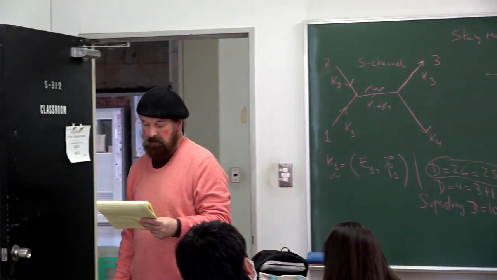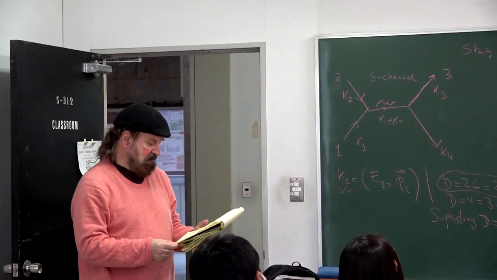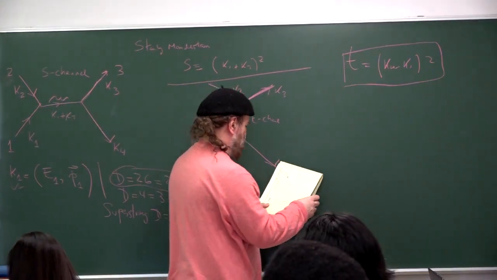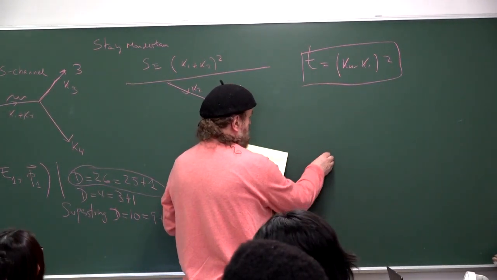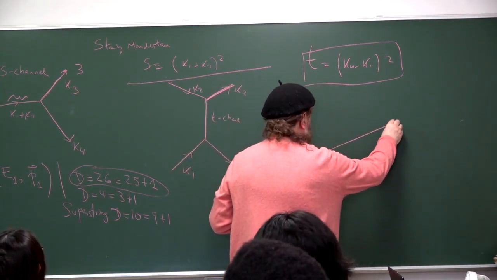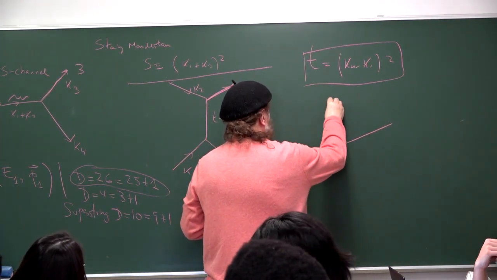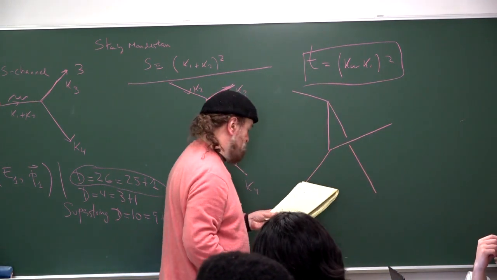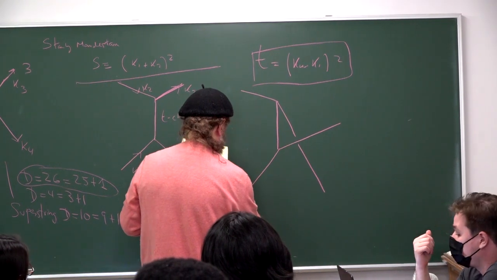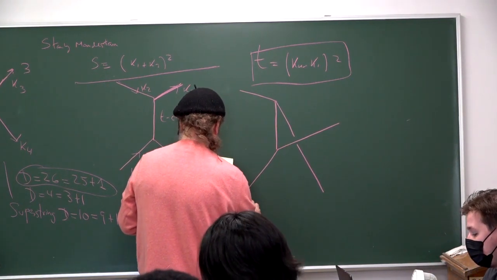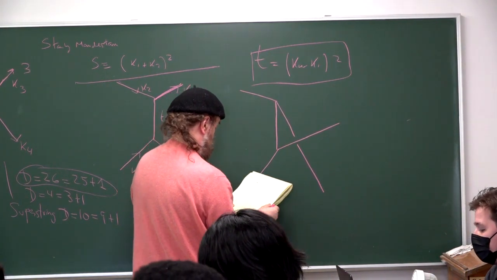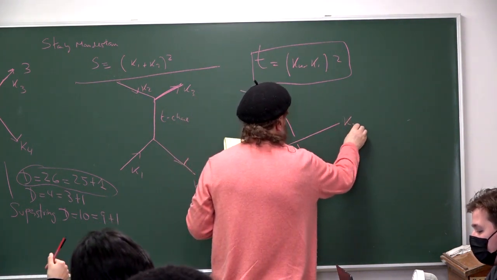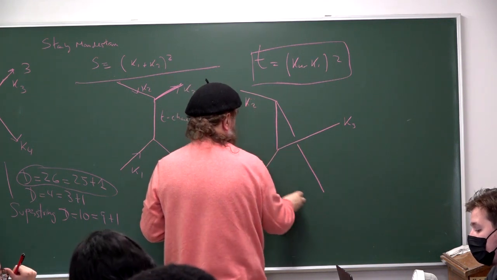And then finally, there is a crossing channel, which is more difficult to draw, where you have a crossing that looks like this. This is the crossing channel. This is K1, this is K2, this is K3, and this is K4.